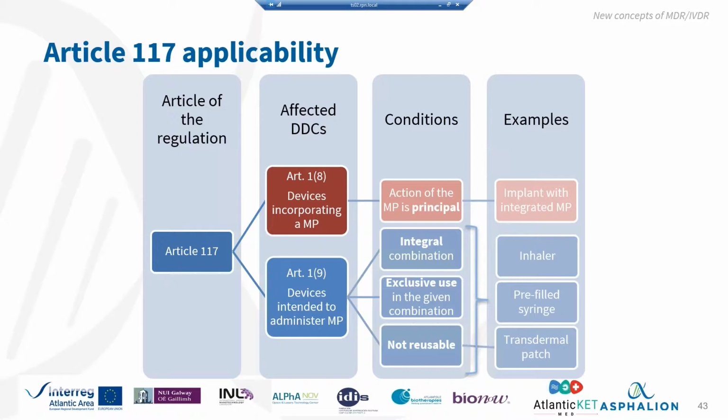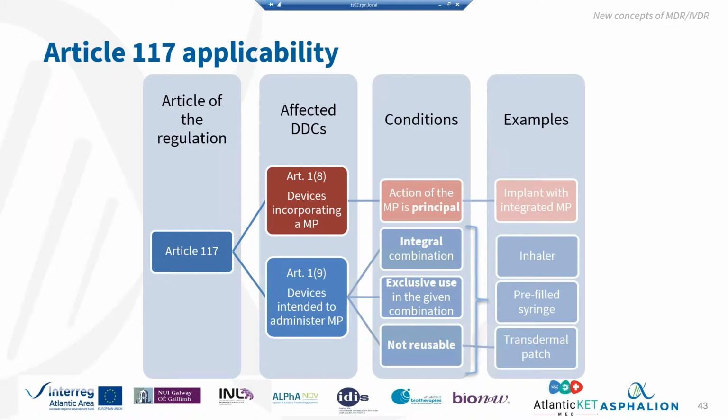Okay, which drug device combinations are going to be affected? Well, those that incorporate a medicinal product, and obviously the medicinal product is principal. The mechanism of action is principal, and also devices that are exclusively designed to administer medicinal products. Okay, which conditions should be fulfilled so that this article is applicable to the device?